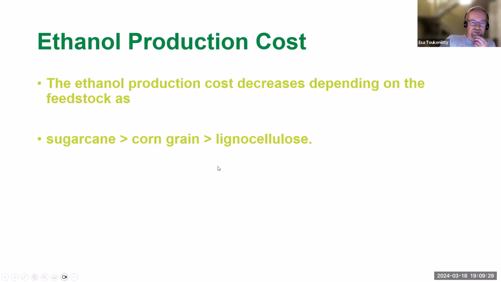One can get an idea that the production cost is highest with sugarcane, so food-based sugars, and the lowest is with these second generation lignocellulosic sugars. The corn grain is in between.